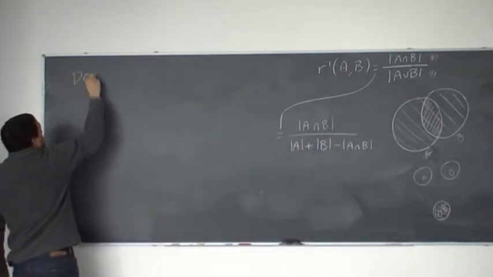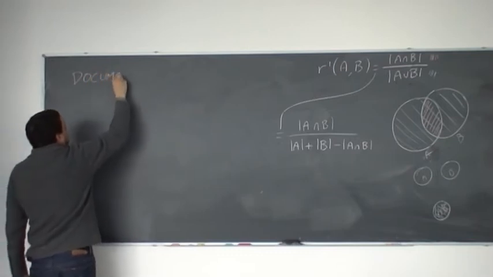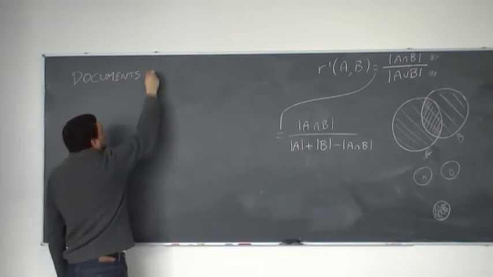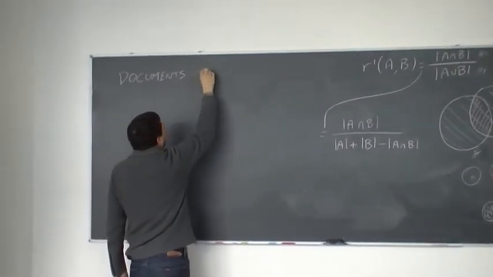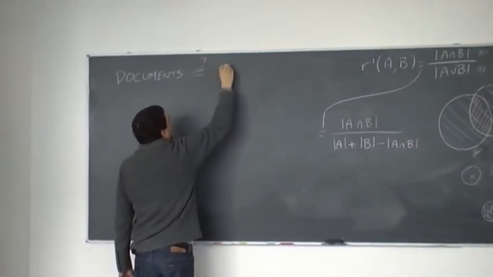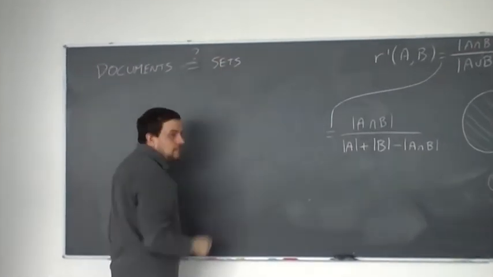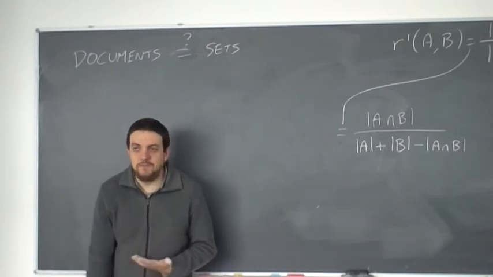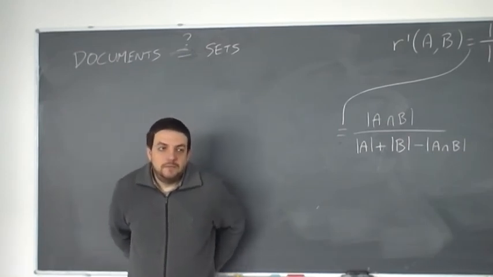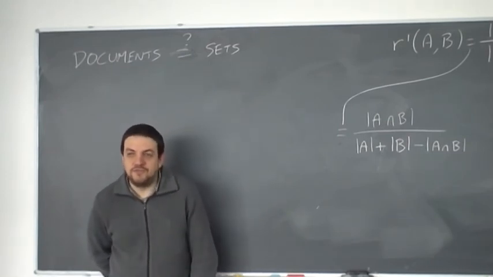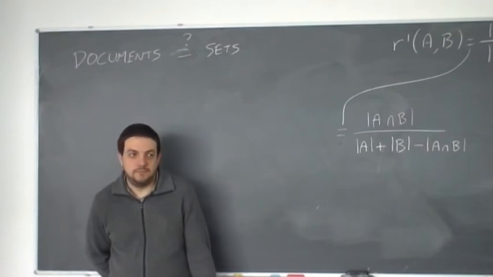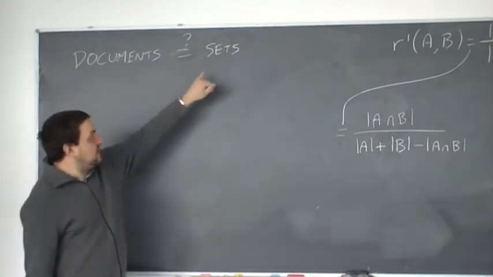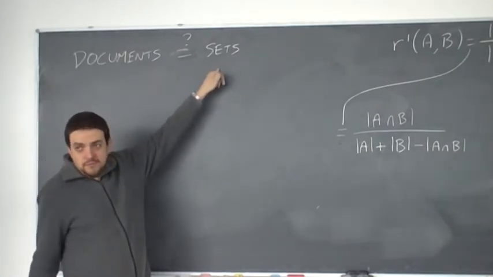So start from documents. Can we see documents as sets? And if so, sets of what? Well, documents usually contain words. Can we see a document as a set of words?